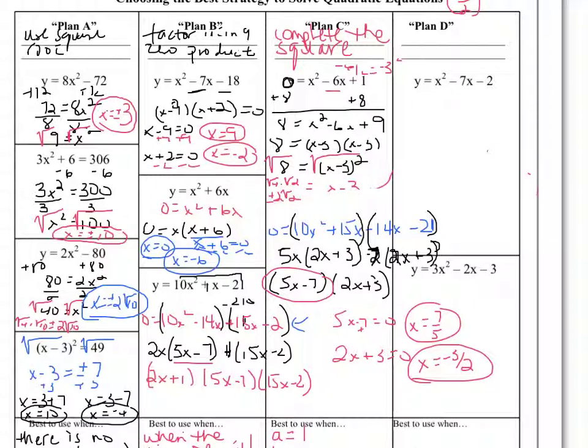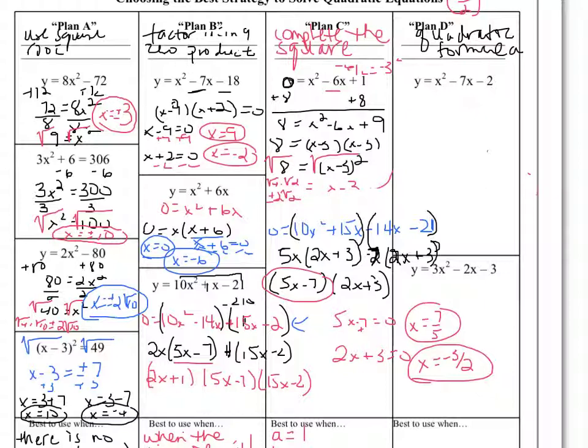Quadratic formula, you're going to use this when nothing else will work. Okay, so we see that we can't easily factor this. The middle term is an odd number. So it's just a more challenging, difficult problem, and we're going to get an answer that's not a whole number.